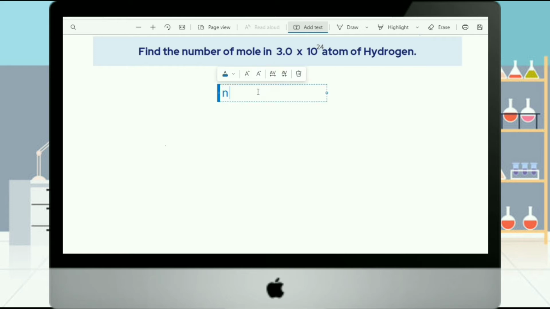So we have the number of moles represented by a small letter n equals the number of elementary entities, in this case an atom, represented by a big letter N, over the Avogadro's number. So this A is a subscript, as I have explained a while ago. I just can't write it as a subscript at this moment because, well, it's hard.